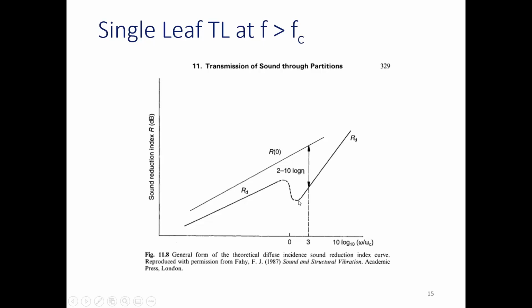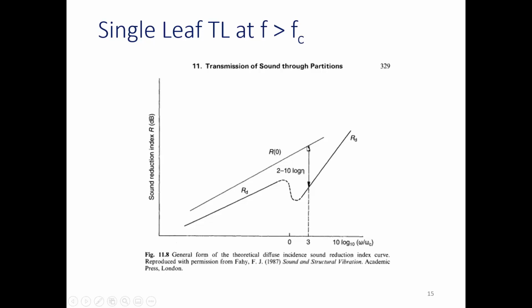And then it's going to pick up again for this region of frequencies greater than the critical frequency. And at this point, when this equals 3, this would be when the frequency is twice that. You might want to check the calculation, but I think when that's twice that, this would be 3. So we'd be at this point.